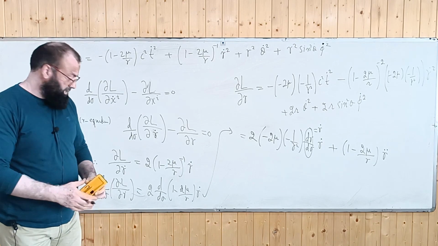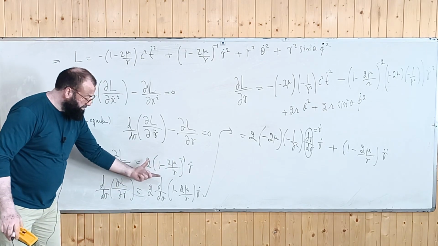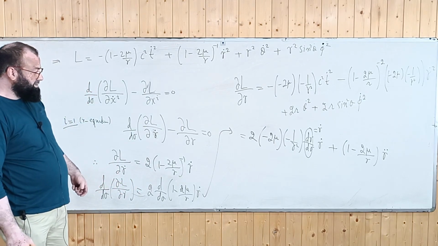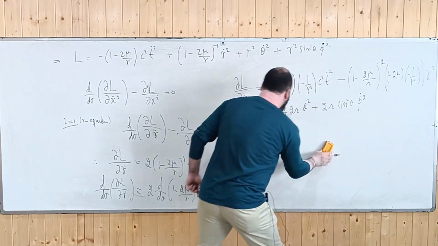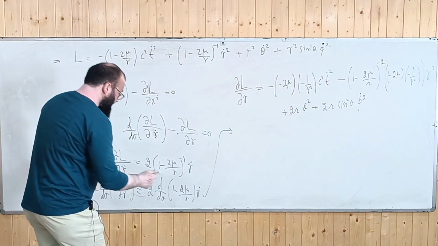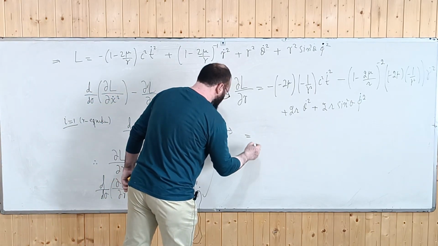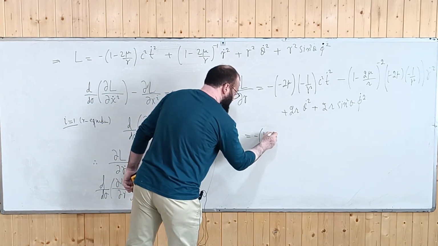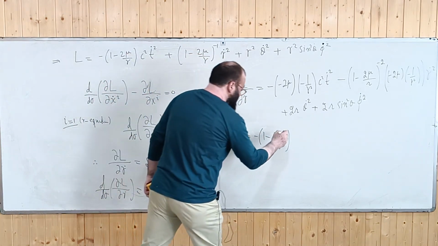Everybody? Okay. So look here, you now use the product rule. Oh, sorry, there is an error. There is a minus 1. So use the product rule. So minus 1 comes down, 1 minus twice mu by r raised to minus 2.